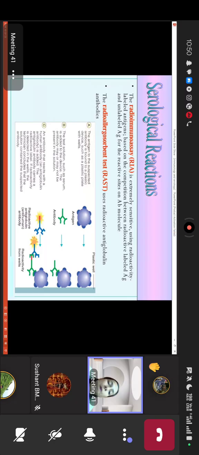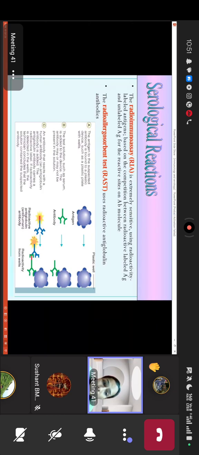Next is RIA. RIA is radioimmunoassay. Basically, this is an extremely sensitive method. It is also used in pregnancies, to detect any abnormalities in the fetus or any antibodies in the mother. As we discussed about the labeling method, it comes under that.